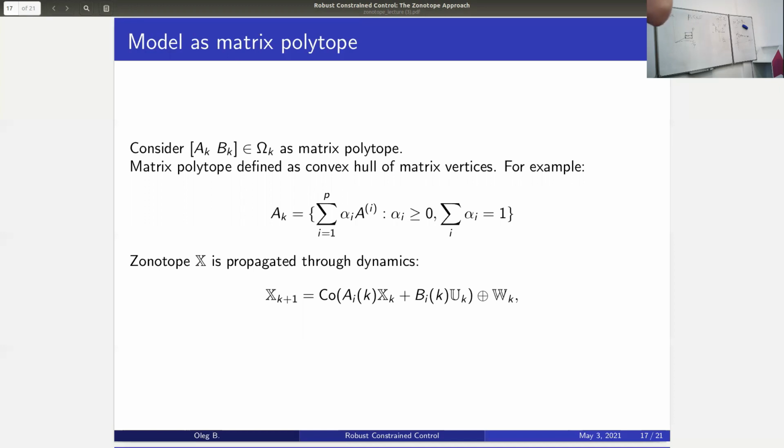After that, our propagation is a convex hull of, for example, two matrices A: 1, 0, minus 3, minus 1, and 1, 0, minus 3.5, minus 1.5.